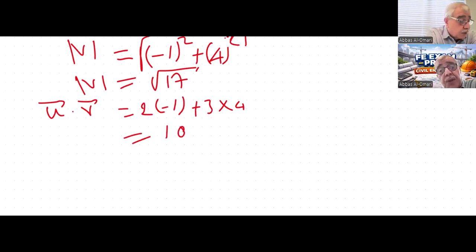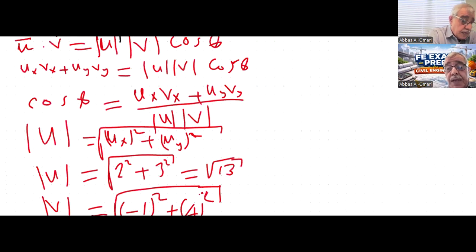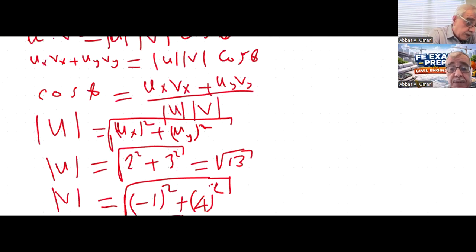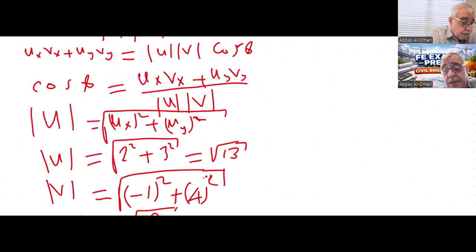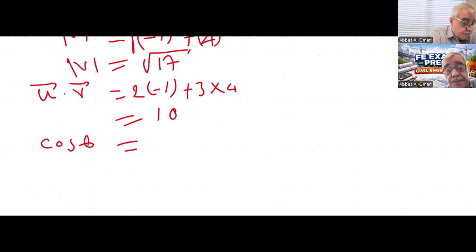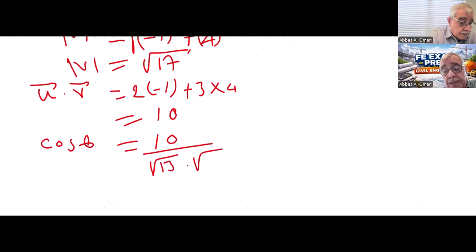Now we go back and substitute. Cosine theta, which is the angle between the two vectors: we take the value 10 and divide it by the value of u multiplied by the value of v. So cosine theta is 10 divided by the square root of 13 multiplied by the square root of 17.